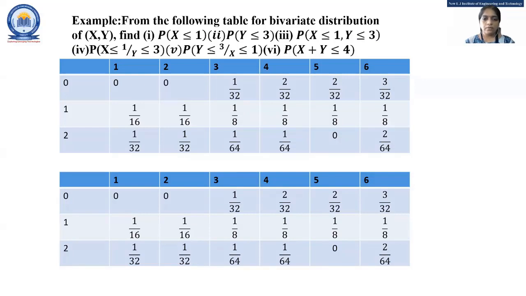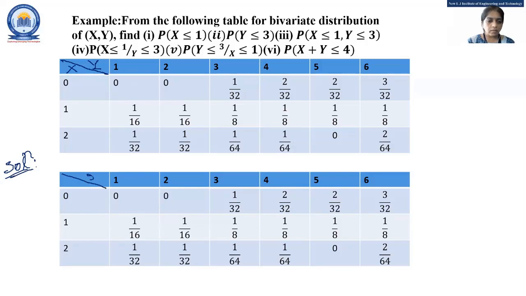Then the fourth, fifth and sixth ones. So let's start the solution here. We have to find the solution with the help of this table. Students, in this table, this one is y and this one is x.